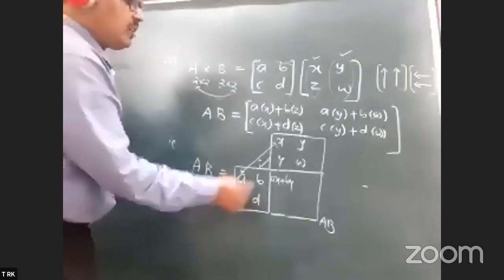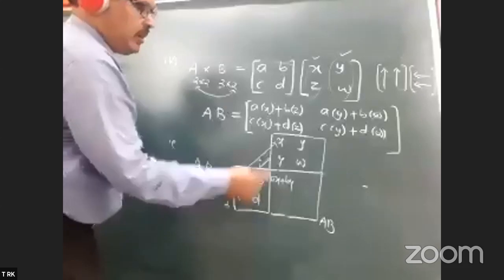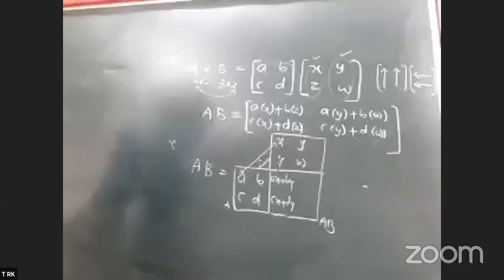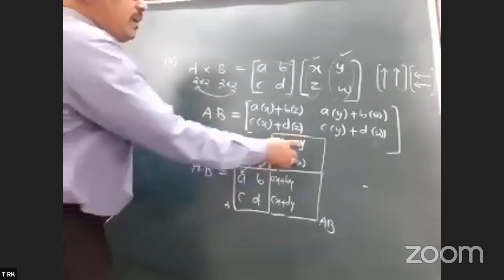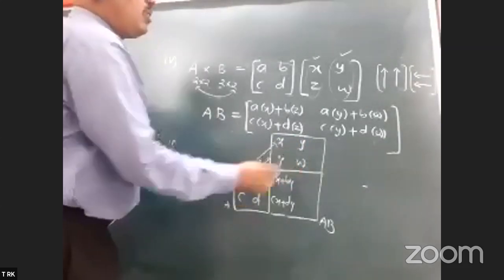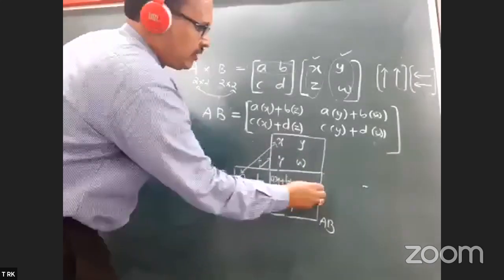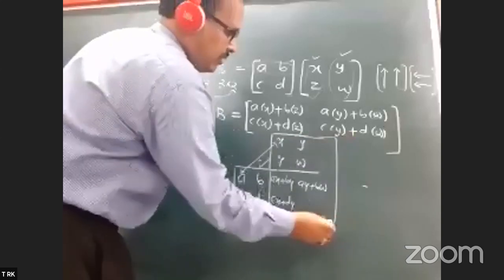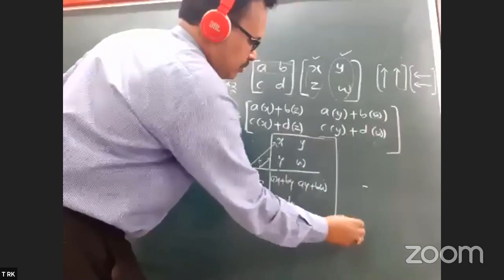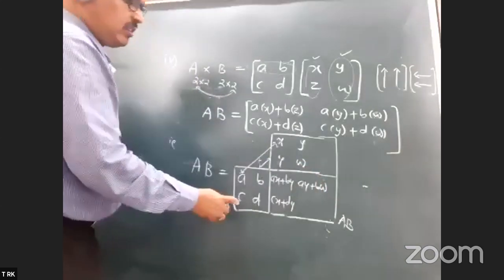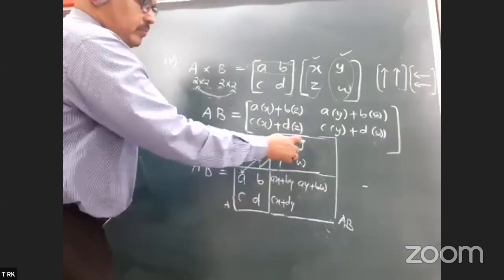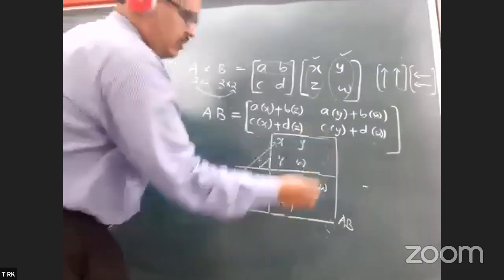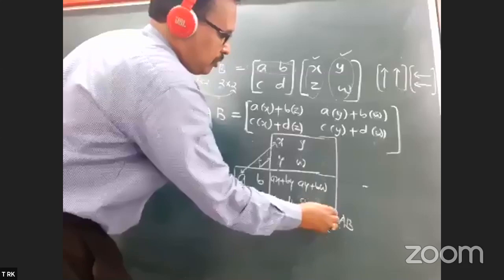Next, CX plus DZ. Next, AY plus BW. And next, CY plus DW. This type.